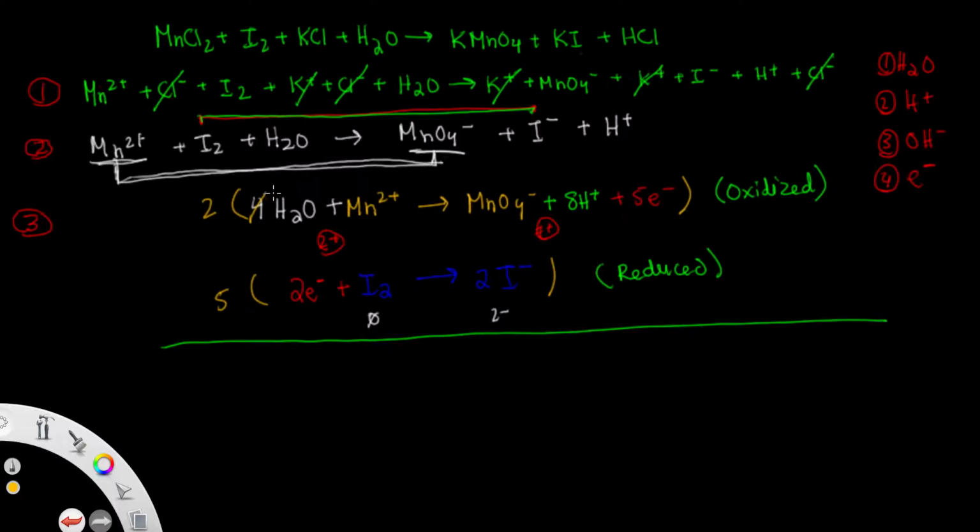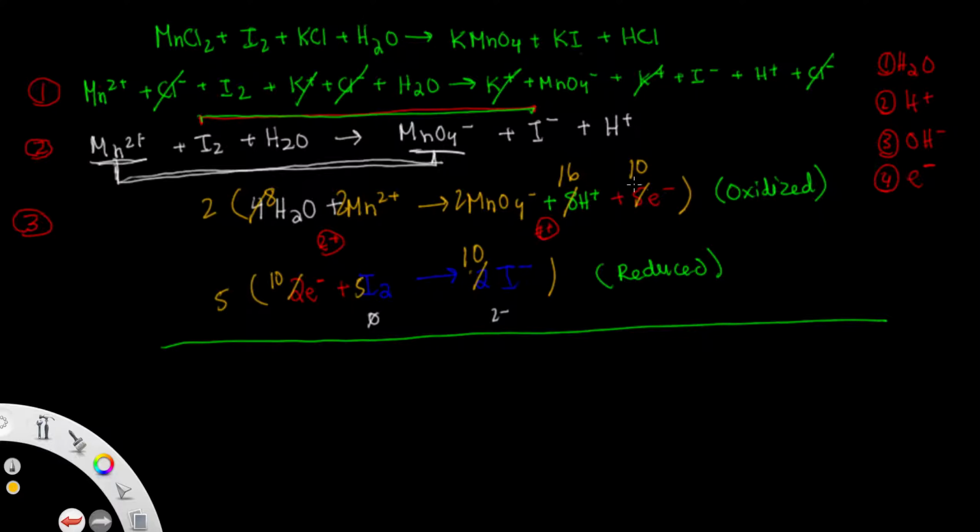So this becomes 8, because 4 times 2 is 8. This becomes 2, this also becomes 2, this becomes 16, and this becomes 10. This becomes 10, this becomes 5, and this becomes 10. All I did was multiply the moles already in the reactions by the number needed to balance out the electrons.